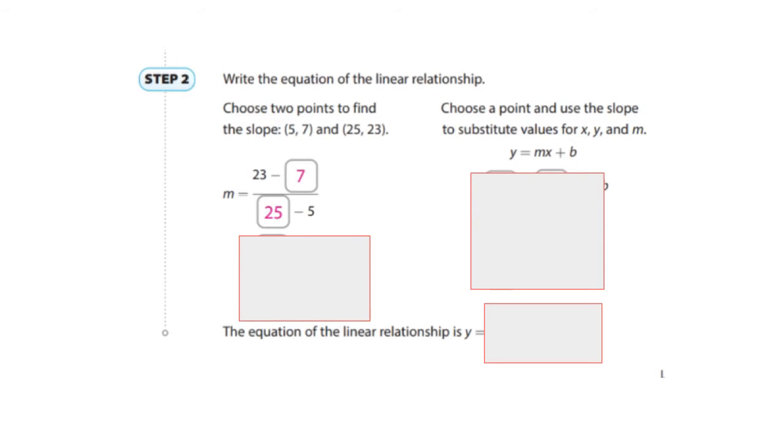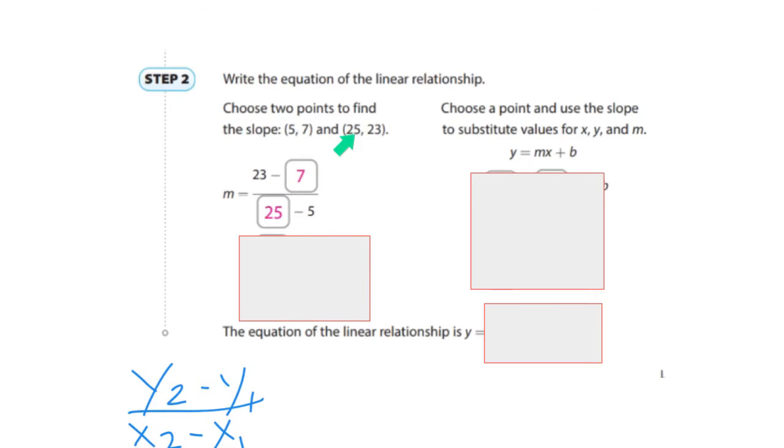Keep in mind that we use that formula. We start with a y: y2 minus y1 over x2 minus x1. Here's our y2 number, minus our y1 number. We've done these problems several times.